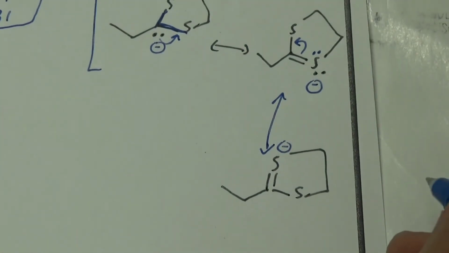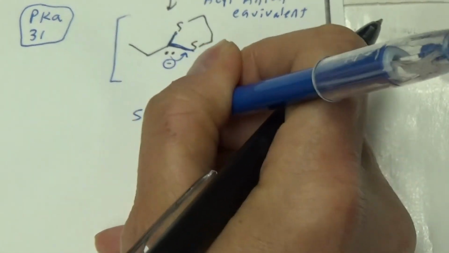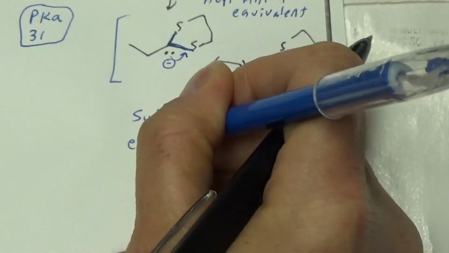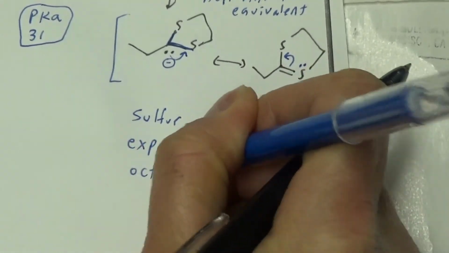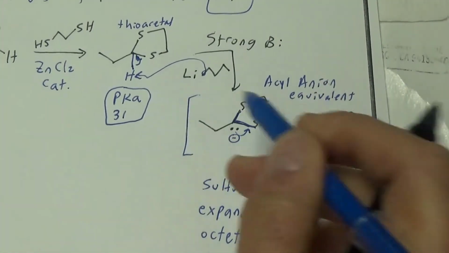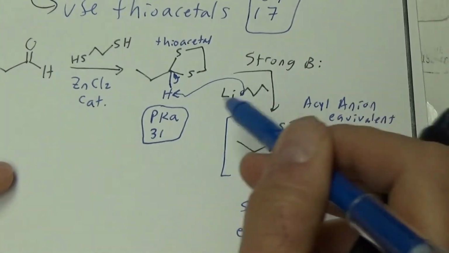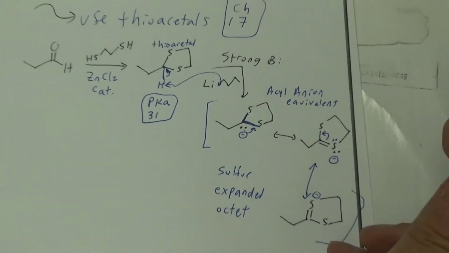Okay, so we have some resonance structures. So this is that sulfur expanded octet concept. And that gives us some more resonance structures, and that's why the carbon pKa is 31 and accessible to butyl lithium.